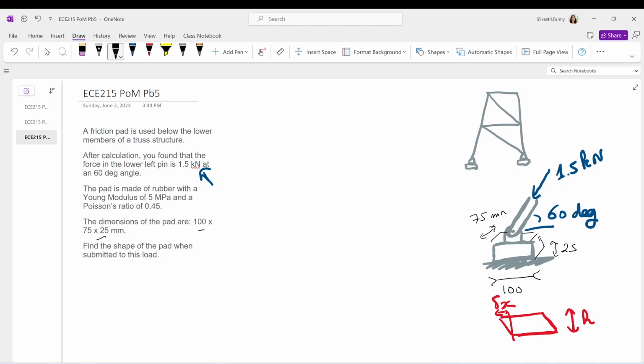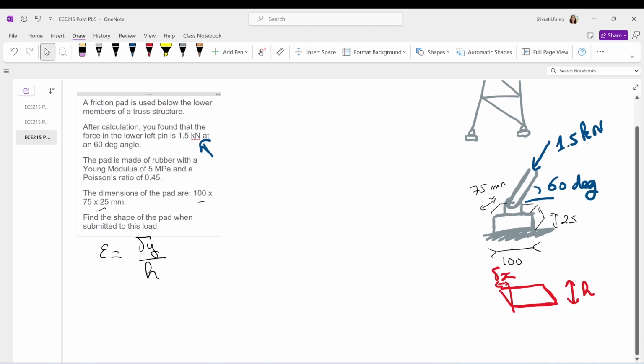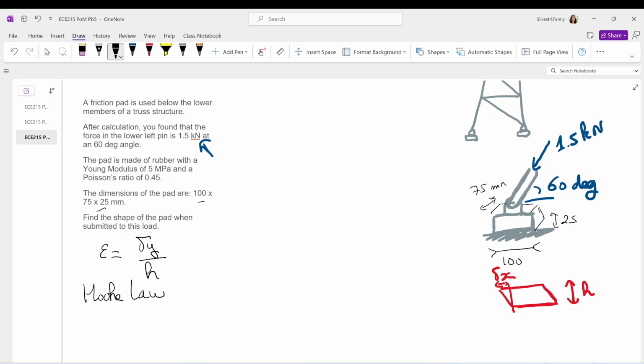Let's see the formulas that we have. We need to find a new dimension h. We know that epsilon equals delta y divided by the original h, so we need to find epsilon to find delta y. How do we find epsilon? Probably something with Hooke's law, because we also have the Young modulus.